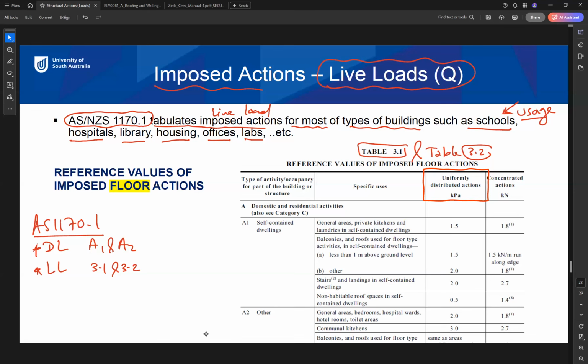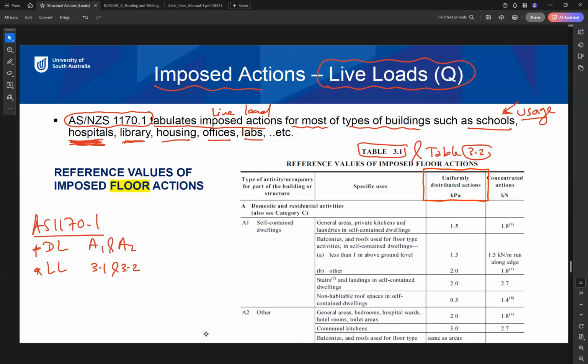For example, school will be crowded with students, families, and teachers. So the live load of schools is different from the live load of a house. Hospital is different from a library. So every type of building will have a certain value of live load given to us in table 3.1 and 3.2.